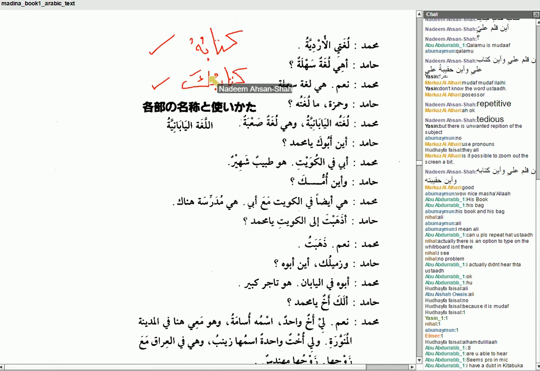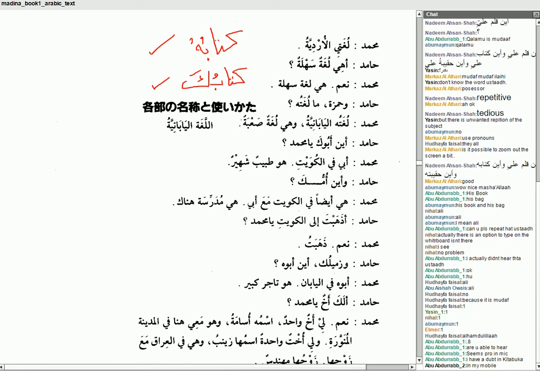Oh, I think Abu Abdul is having mic issues, connection issues, because now he's signed in again with a third username. Akhi Abu Abdul Rabb, I suspect that you're having connectivity issues and you're hearing parts of the explanation and missing parts because of your connection coming in and out.